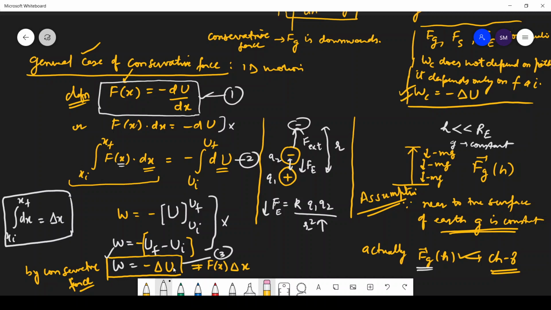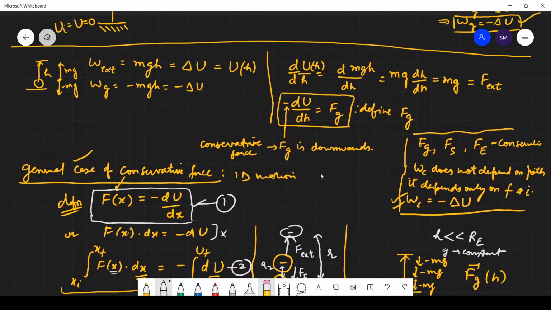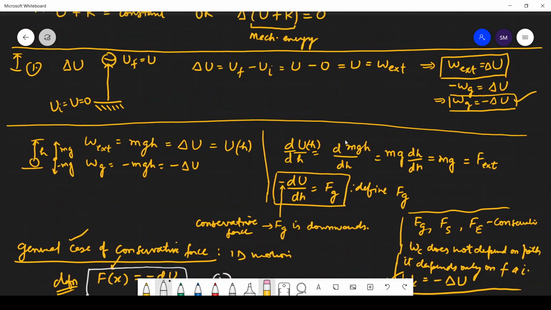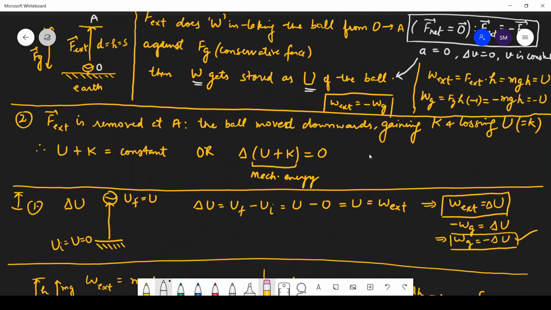So I have explained the concept of conservative force and work done by conservative force again. Now we have already done this concept when the ball was moving down.